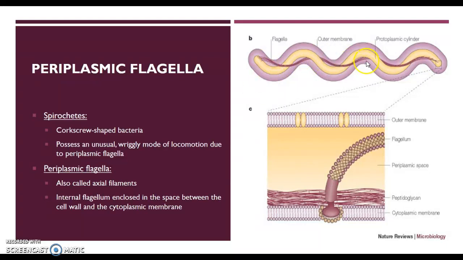And that's due to the location of their flagella. These are also known as axial filaments. Okay, so axial filament, periplasmic flagella, we're talking about the same structure. All right.